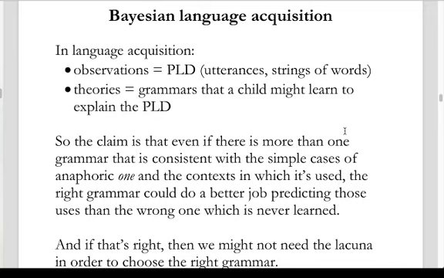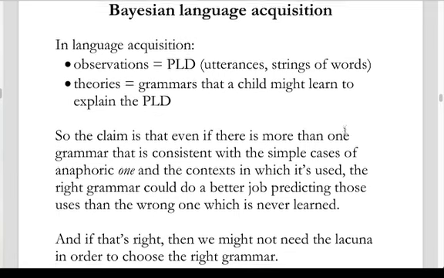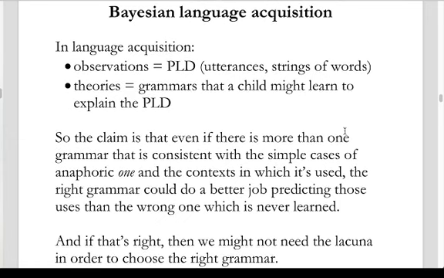If that's the case, right, if we could still make predictions about the relative probabilities of different grammars, even if they're all roughly consistent with the data, then we might not need these super complex lacuna sentences in order to choose the right grammar.